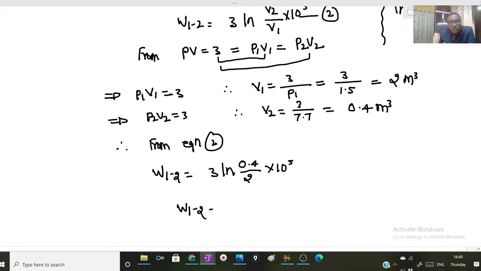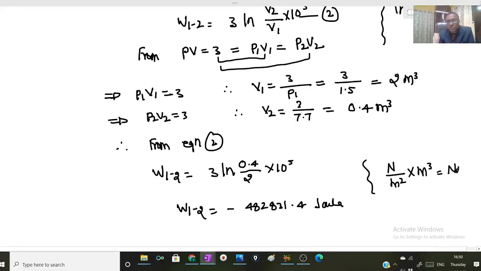So W1 to 2 will be minus 482,831.4 joule, because the unit of pressure I have considered as Newton per meter square and unit of volume as meter cube, so it will become Newton meter, that means joule.